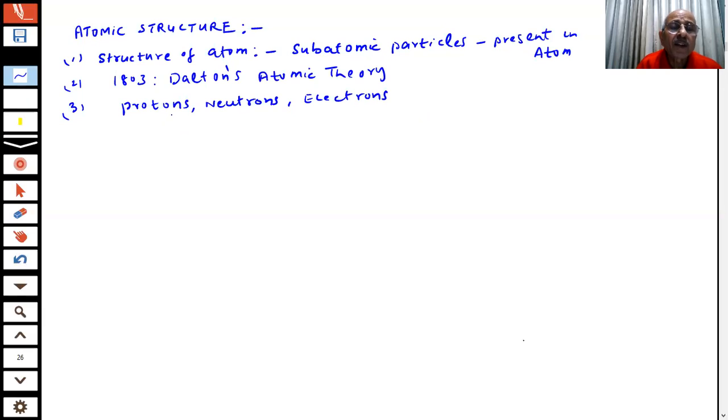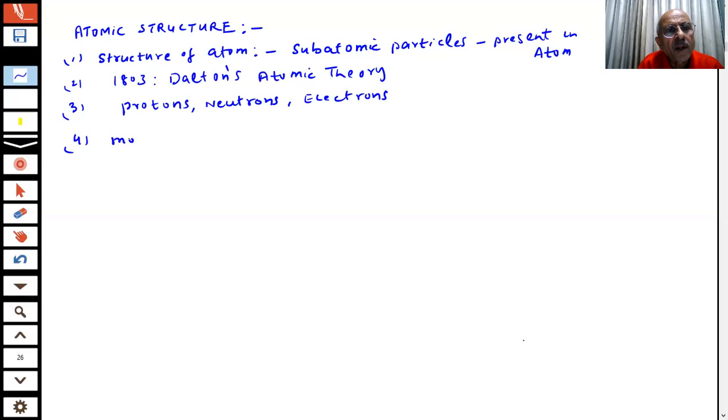Presently, you are aware that if you see the periodic table in the book, there are about 118 elements. Have you seen the modern periodic table, students?